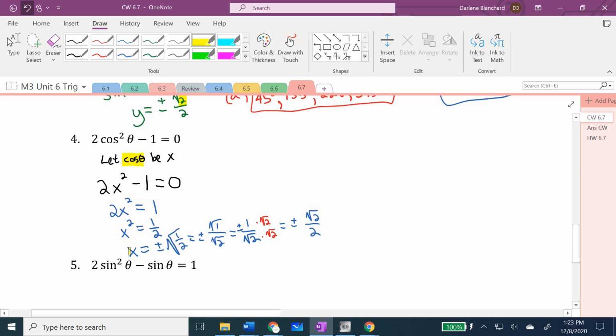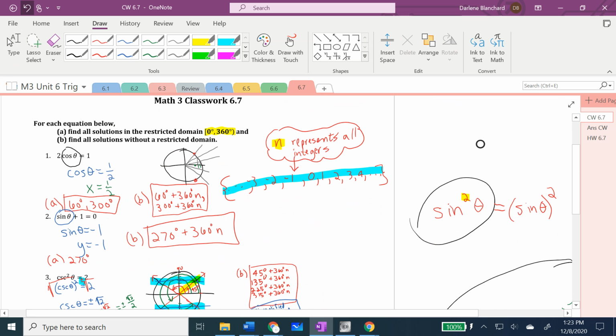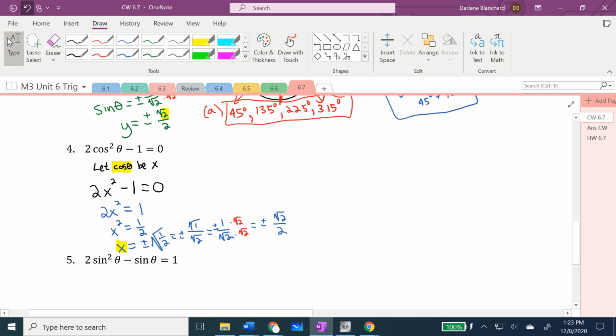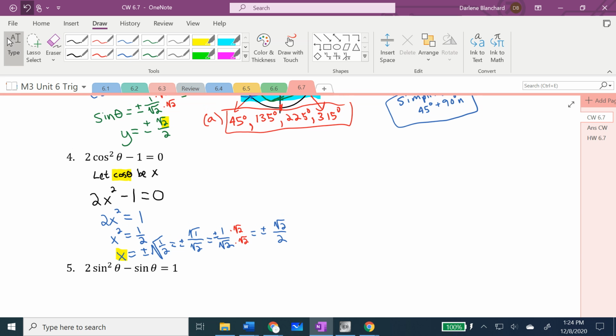I'm working with cosine, which I represented by x to help me remember. So ultimately what you're actually working with is not x equals plus or minus root 2 over 2, but technically cosine is equal to plus or minus root 2 over 2. But I use the unit circle remembering that cosine is x.